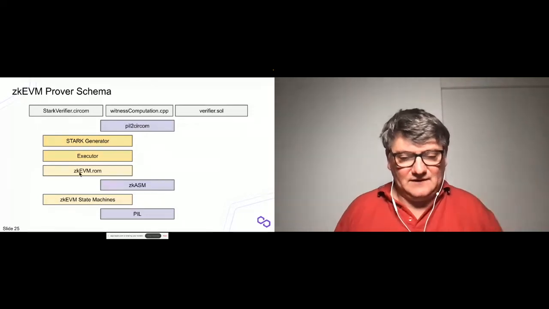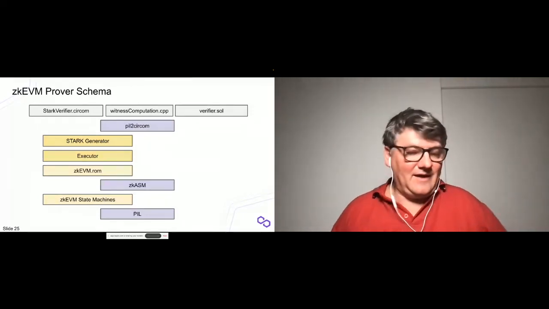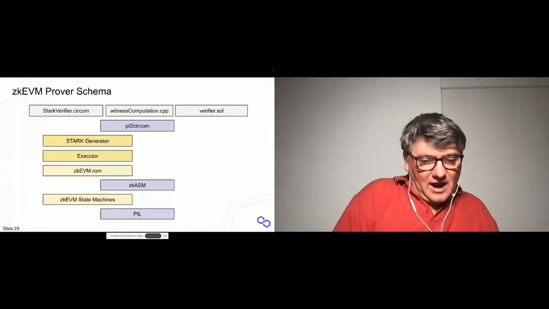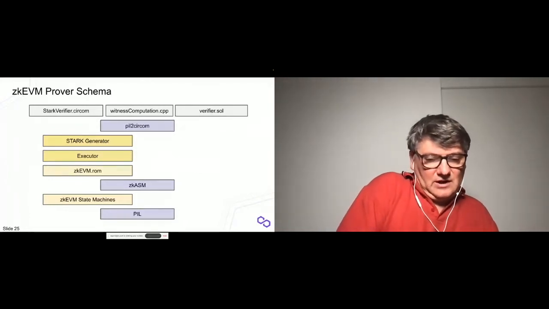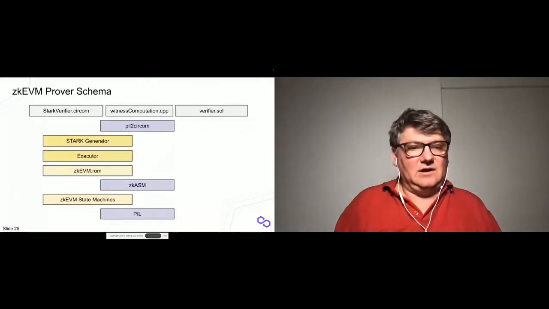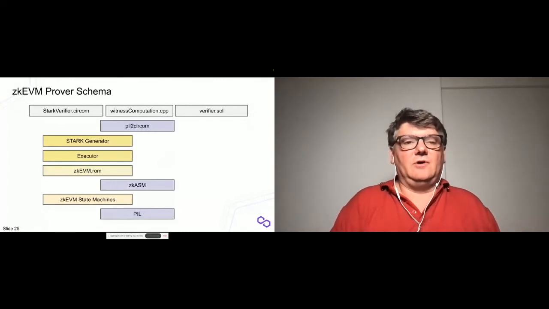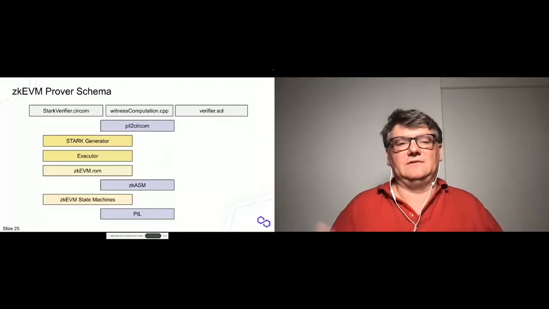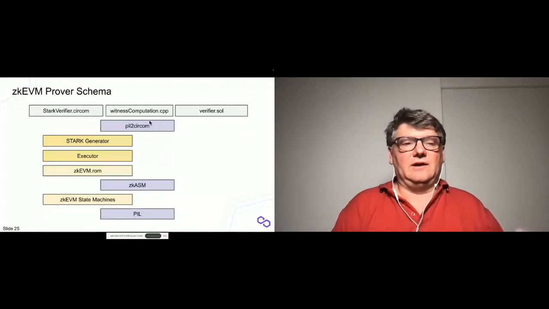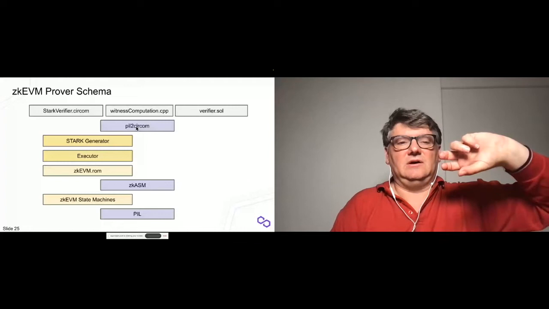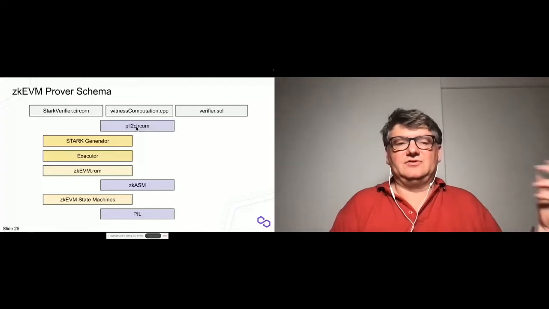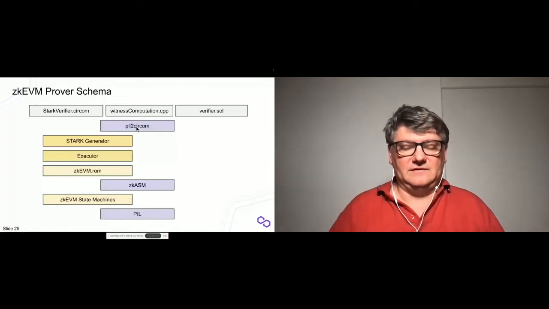We have this ROM, and the executor is taking actual transactions and generating these polynomials. And with this, we have the STARK generator, and we also have this PIL to Circom tool, which is generating a Circom circuit from the PIL.